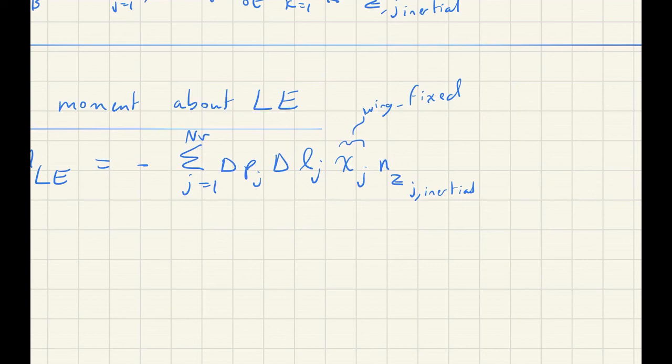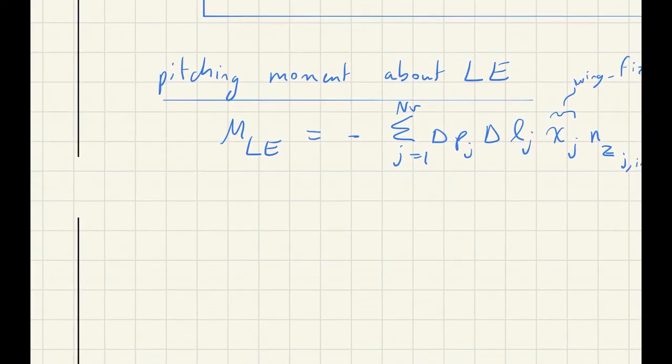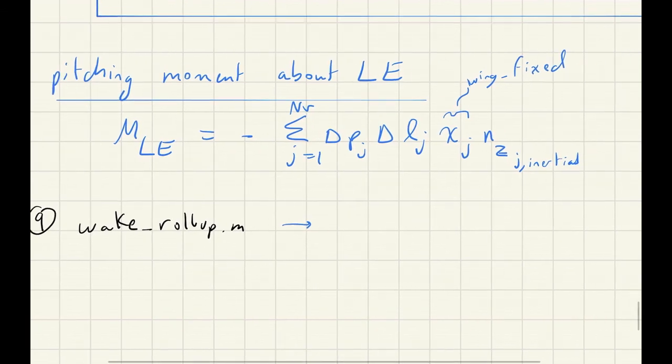All right, moving on to our last step. Step number 9 is the wake roll up. And in this step, we determine the motion of the wake, or velocity.